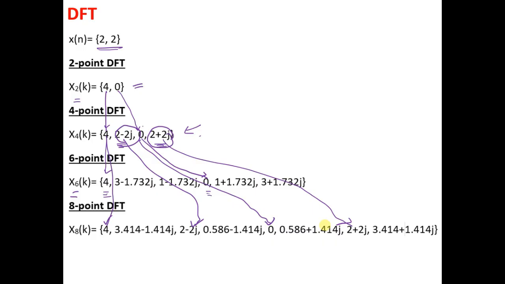Again, whatever I told you, these frequency components are already there, but we are not able to see those things. Yeah, and slowly when we are increasing the length of the signal by zero padding, we are basically opening up more and more points to look into the outer scenery. Okay, and that's why we are able to see a better picture.